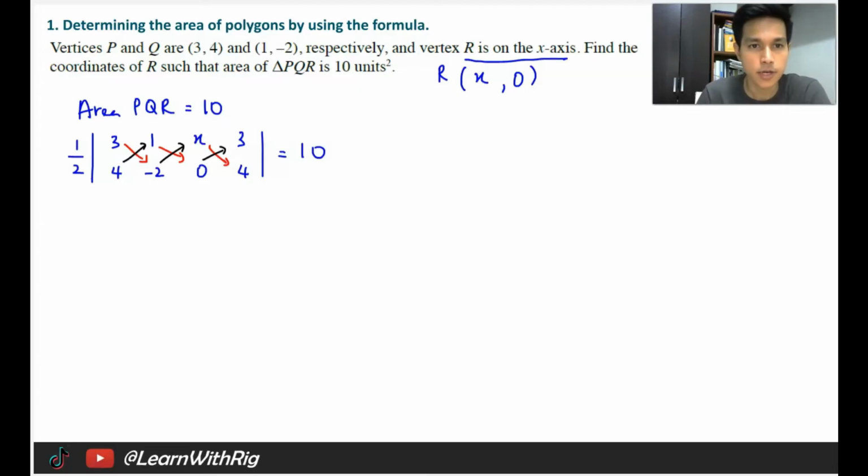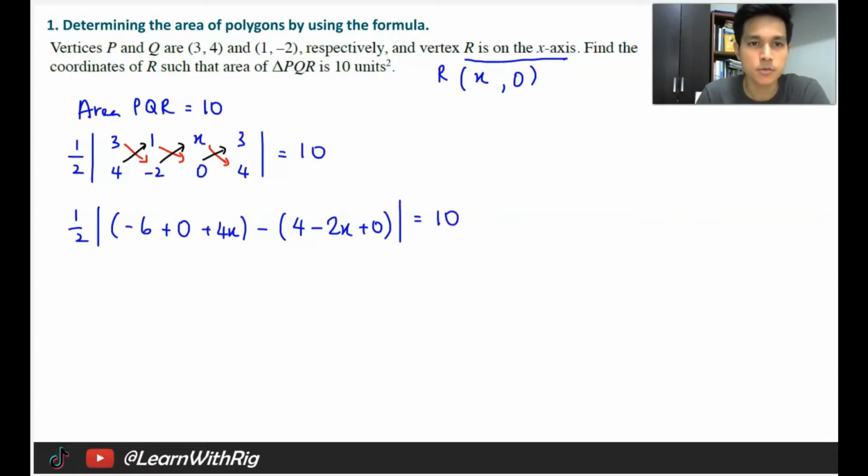Okay, so you should get 1 over 2, negative 6 plus 0 plus 4x, minus 4 minus 2x plus 0. So you close your modulus equals to 10.